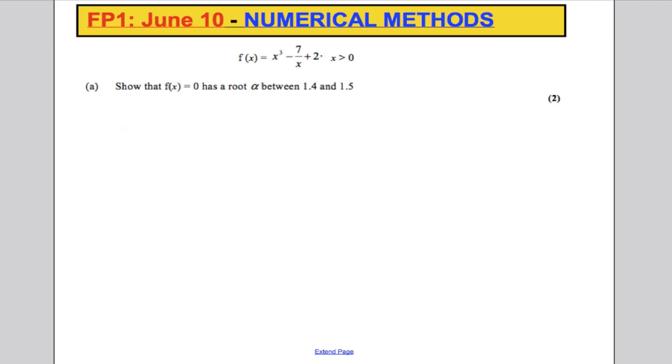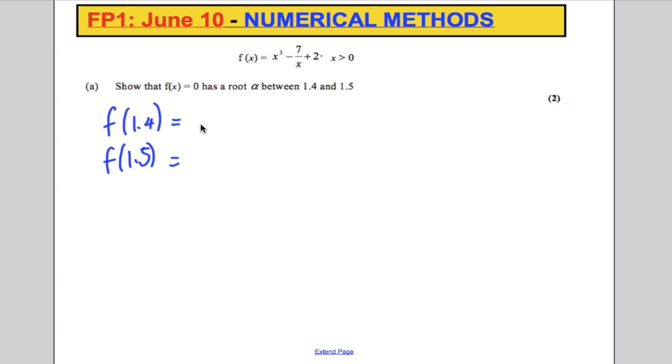Okay, part A, show that f of x has a root alpha between 1.4 and 1.5. Same old stuff here, work out f of 1.4, work out f of 1.5, show that there is a change in sign. So, on your calculator, type x cubed, subtract 7 over x plus 2, calculate, and you want to calculate at 1.4.